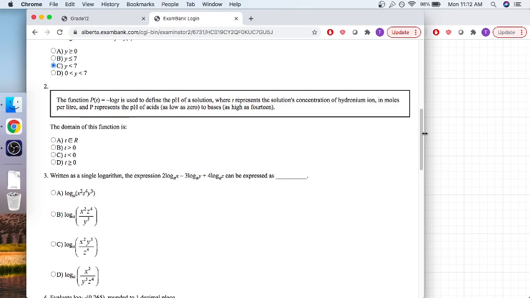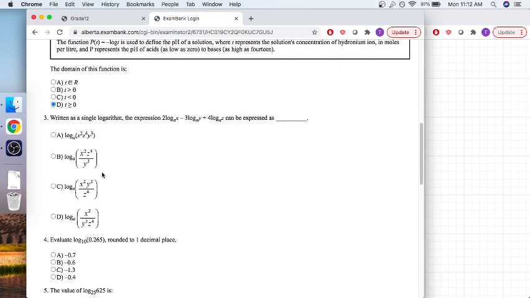The domain of this function, I'm assuming, is t is greater than or equal to 0. Yeah, I think so.